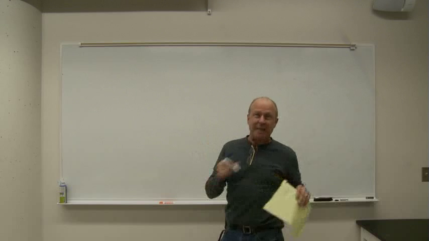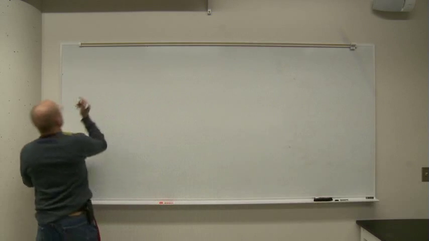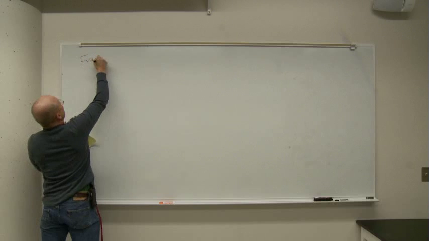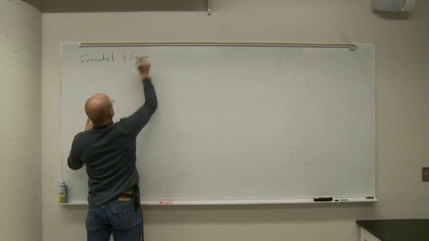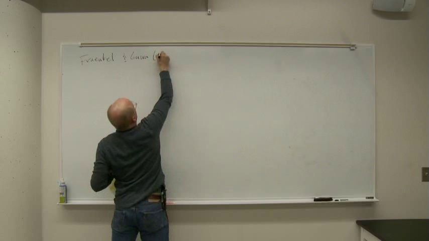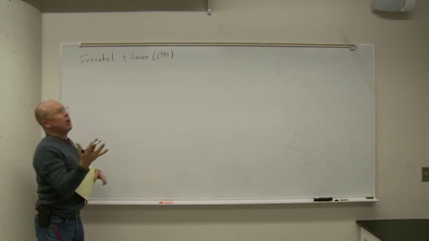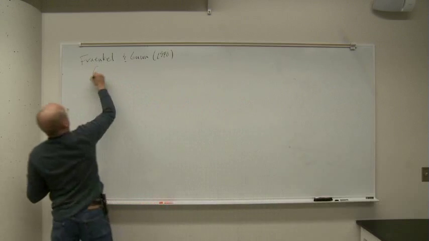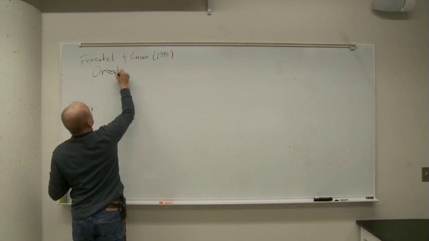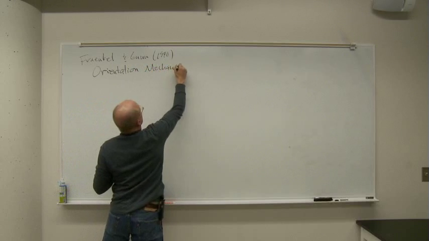And we're going to go to some classic 20th century work. It all starts with two guys, Frankel and Gunn. And this is 1940. Their famous landmark paper was on orientation mechanisms in animals.